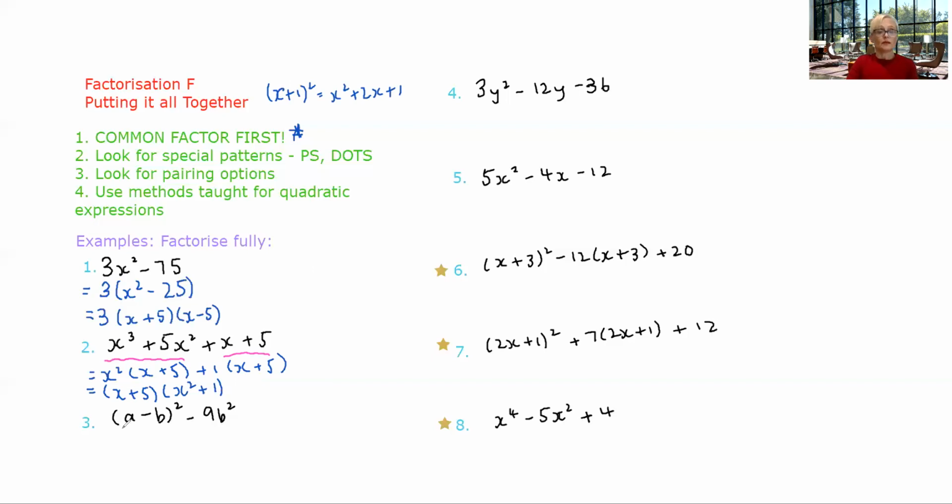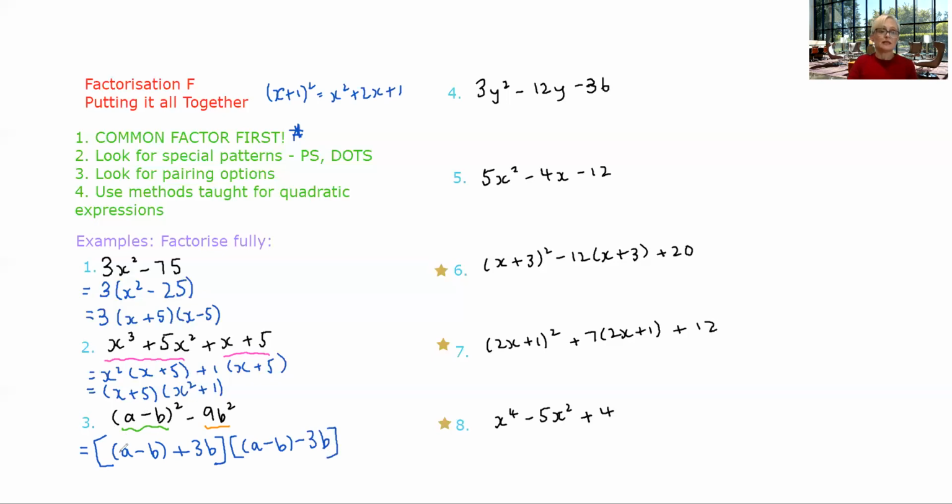Okay, let's have a look at this next one here. We've got something squared minus something squared. Okay, we've got a difference of 2 squares, haven't we? So let's put in some big brackets perhaps, and we're going to have our a minus b plus our 3b, because this is really 3b all squared, our a minus b minus our 3b.